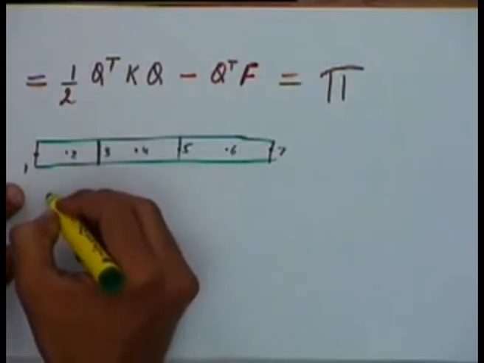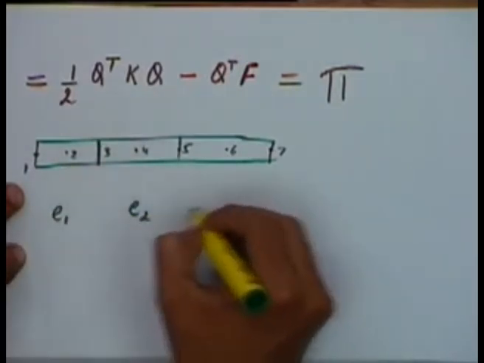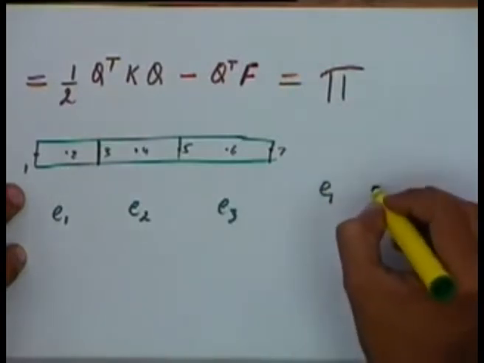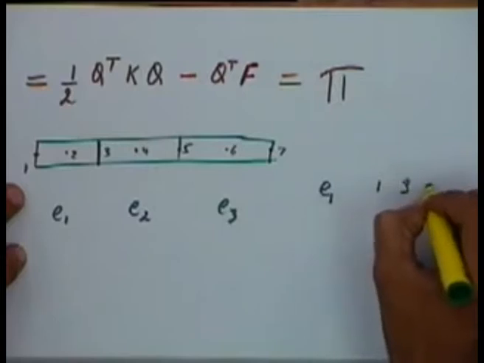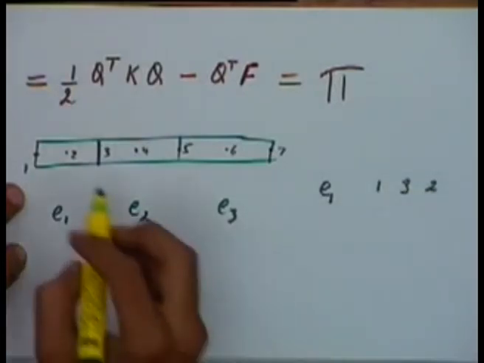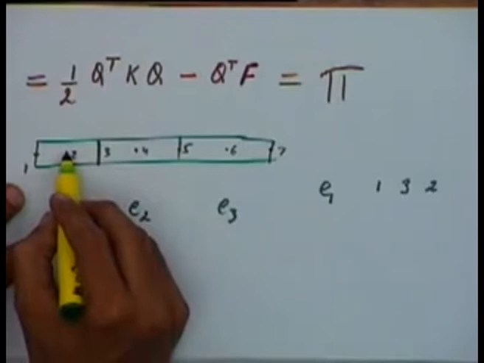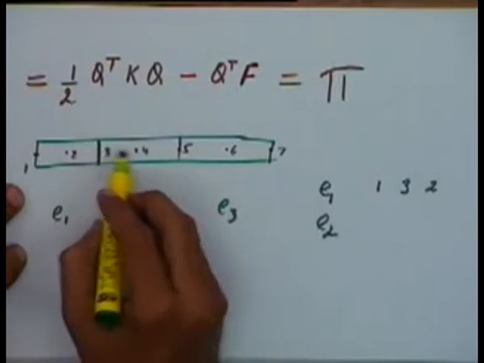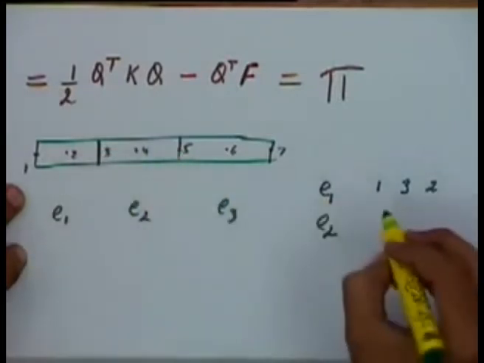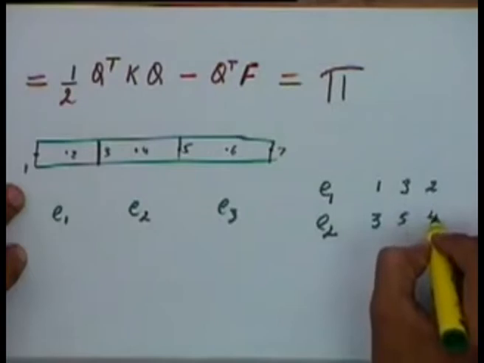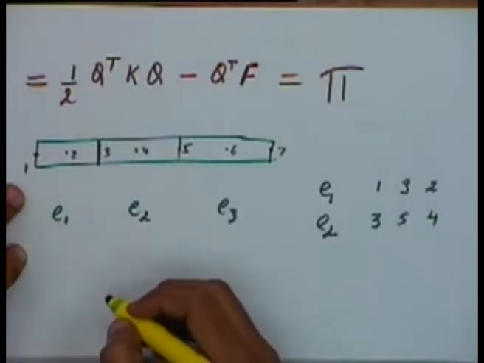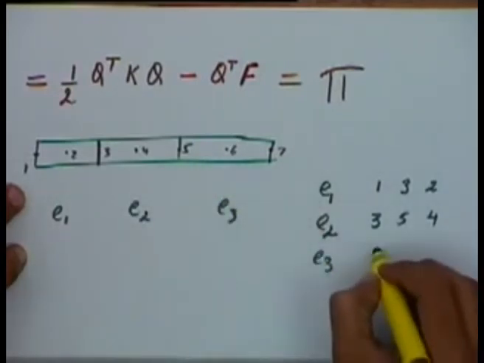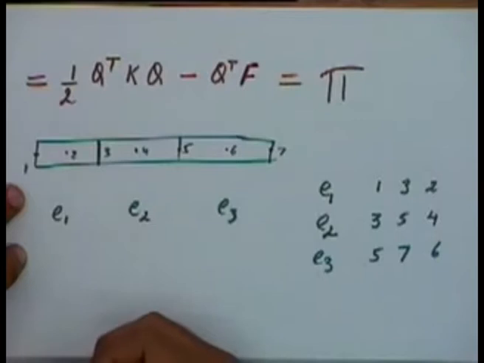Let's say this is my element number 1, this is element number 2, and this is element number 3. Element 1 is defined between nodes 1, 3 and 2. This is the first node, this is the second node, this is the third node. Element 2 is defined between 3, 5 and 4. Element 3 is defined between 5, 7 and 6.